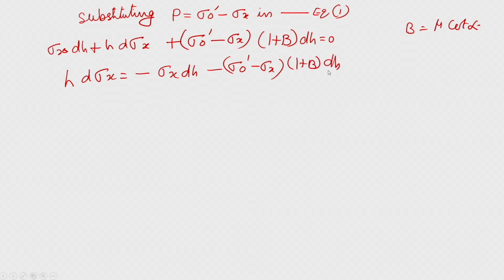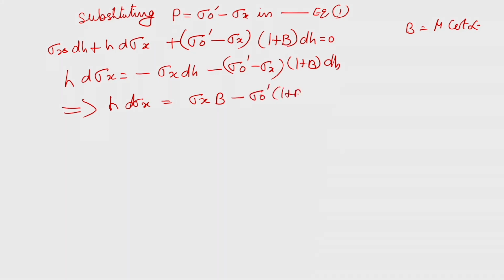That implies, if you do a simplification, h d sigma x is equal to sigma x b minus sigma 0 dash into 1 plus b into dh.